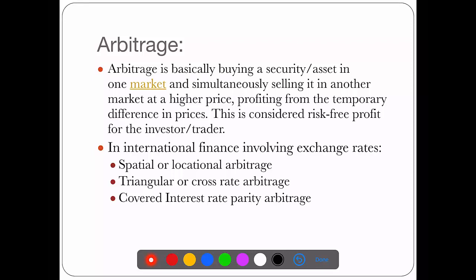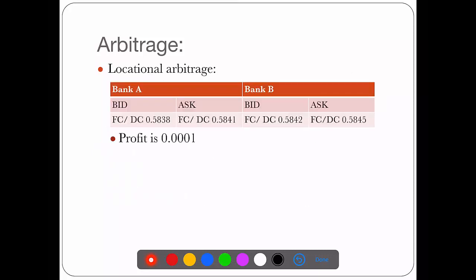In this lecture, we'll cover the locational or spatial arbitrage and the triangular or cross rate arbitrage. The covered interest rate arbitrage I will not discuss in this lecture; in another lecture I will discuss this in detail. So let's move with the spatial or the locational arbitrage.